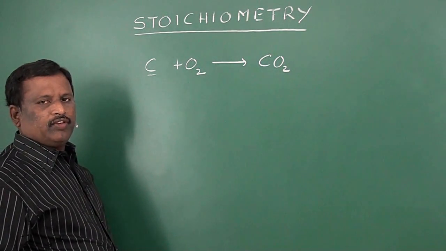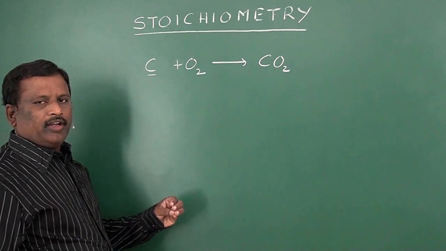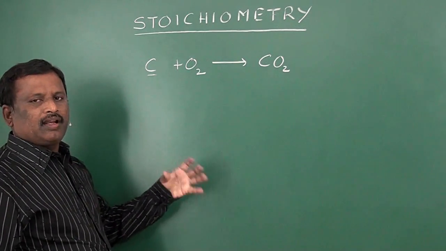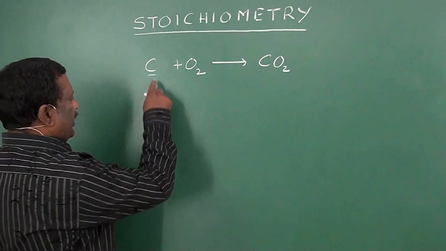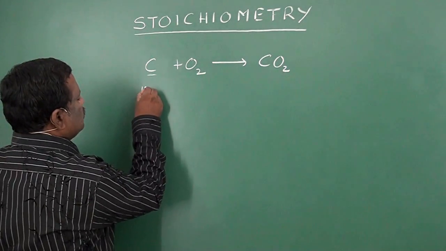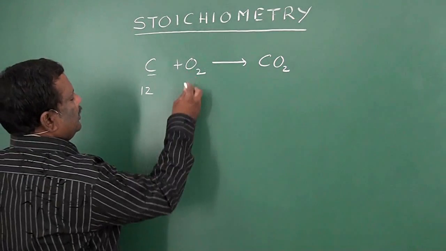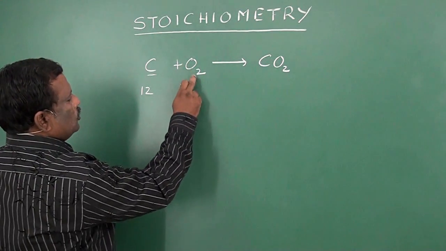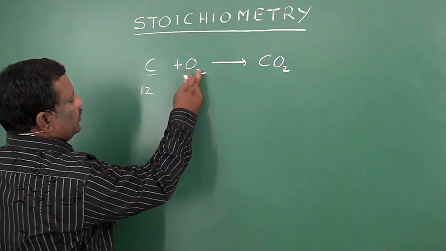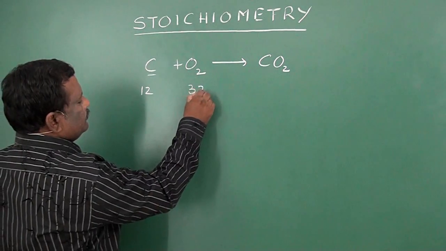First of all, we have to verify whether it is according to the law of conservation of mass or not. One atom of carbon, its atomic weight is 12. Oxygen has two oxygen atoms, so in O2 the molecular weight is 2 into 16, that is 32.